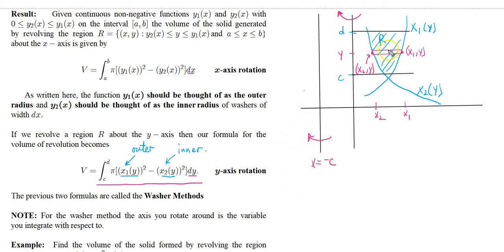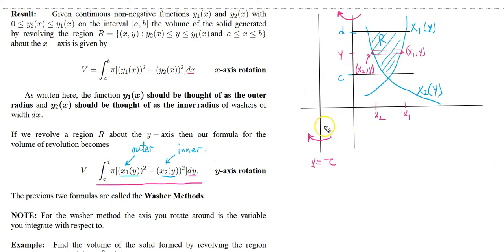if we were to rotate this region around the line x equals negative c, then if we look at our washer up here that is formed as we rotate around this line, we see that the outer radius of the washer would be the distance from our axis of rotation, or our line of rotation, out to this point. Now that distance is going to be c plus x1.